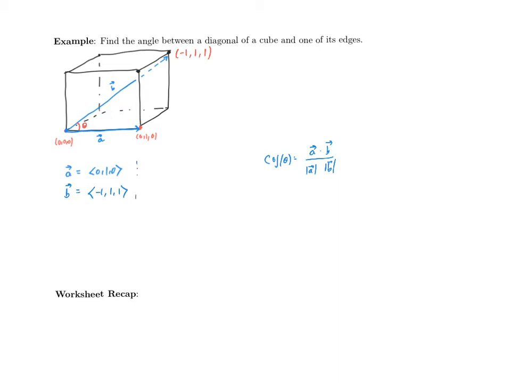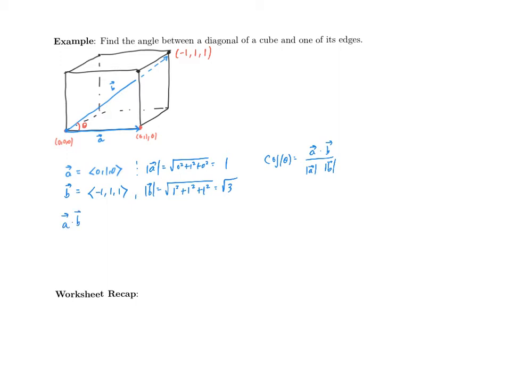So we really just have three key ingredients that we need to compute. By some quick computations, the magnitude of A is the square root of 0 squared plus 1 squared plus 0 squared, so 1. The magnitude of B is the square root of 1 squared plus 1 squared plus 1 squared, which is the square root of 3.